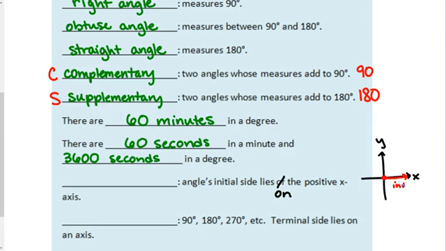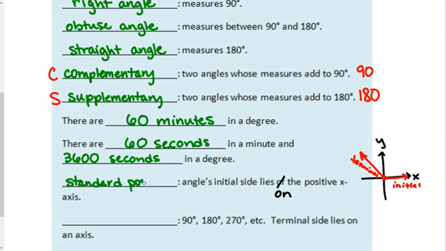That's the initial side. And then the terminal side is somewhere else, most likely. I suppose it could be on the initial side if you had a 0-degree angle or if you had a 360-degree angle. If your angle is positioned in that way, it is called in standard position.